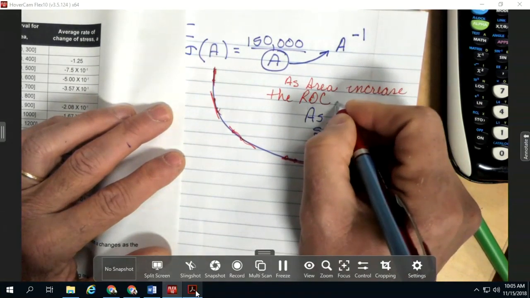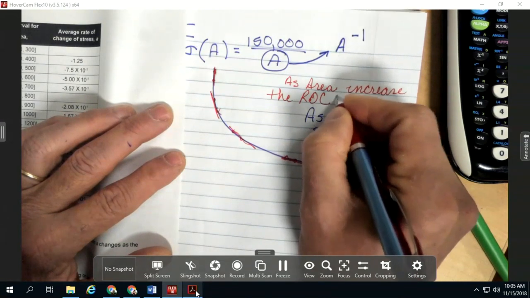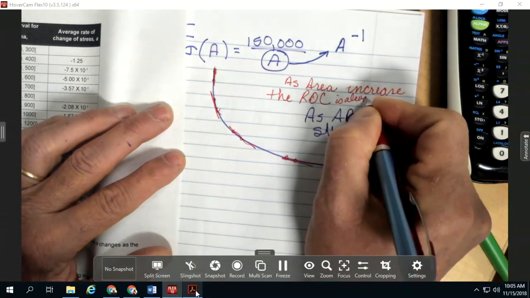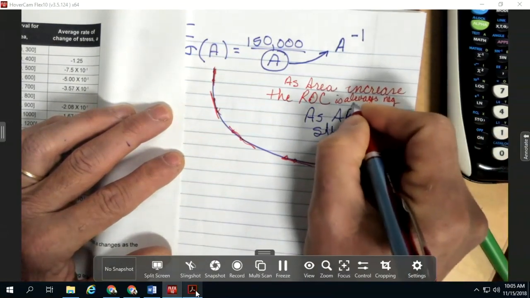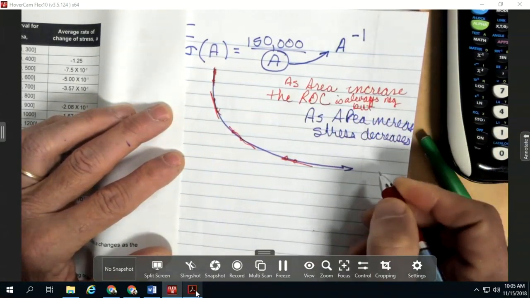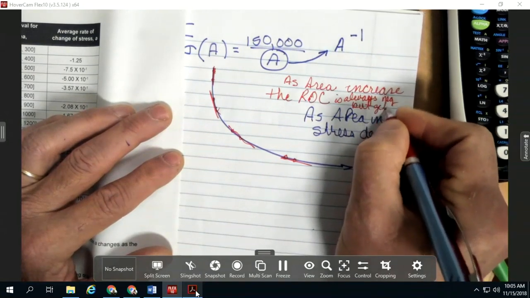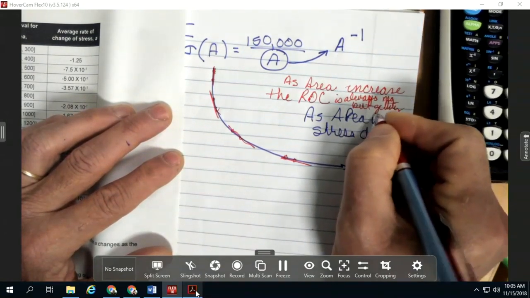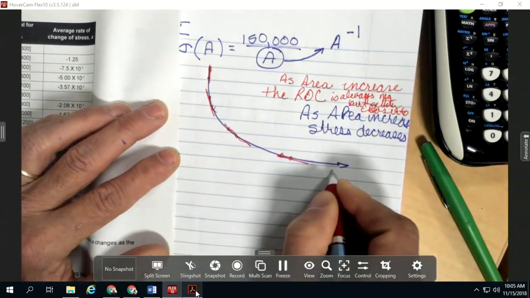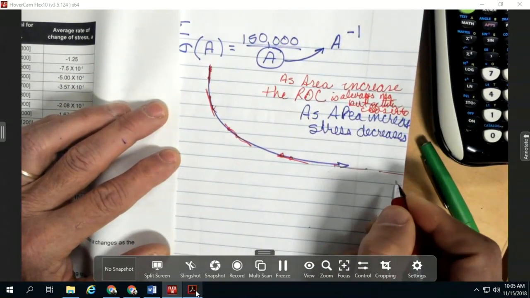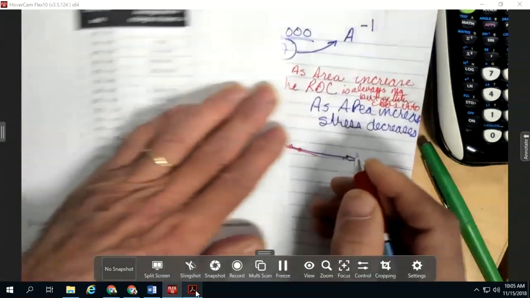Would you agree the rate of change is always negative? But it's getting closer to zero, right? It's getting closer to zero.